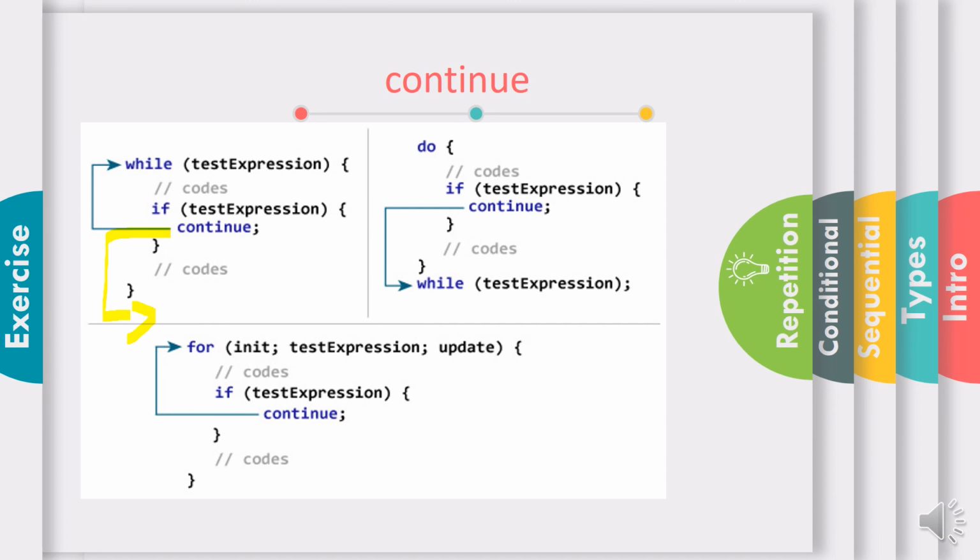Break statement will bring you to the end of the loop, but the continue statement will move towards the beginning of the loop. Here you can see for the for loop also, and for the do while loop it will bring control towards the beginning of the loop. Here it will check the condition again.